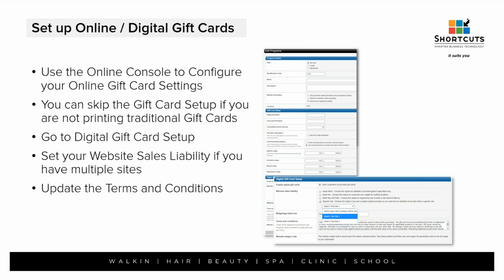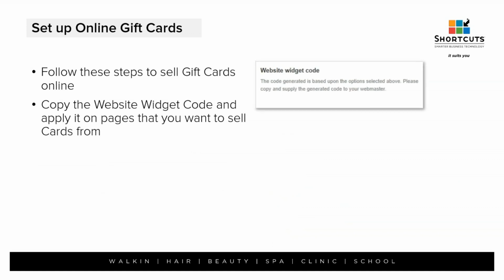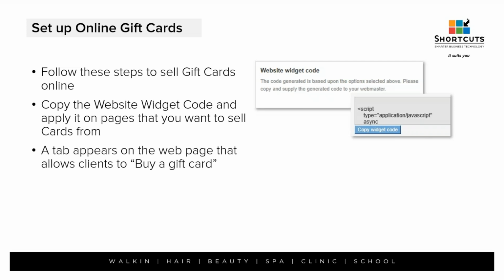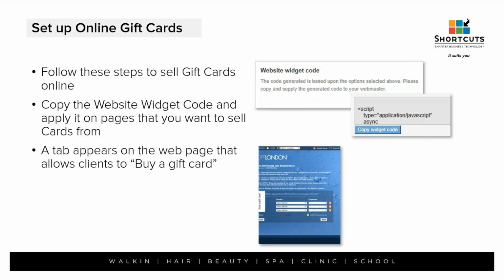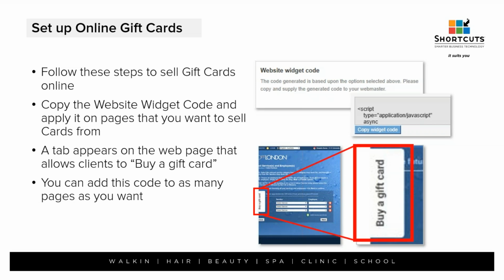Now that you've done that, Shortcuts will generate a website widget, a code that you can paste on your company webpage that will bring up a button. When the customer presses that button, it says buy a gift card, and the customer just fills in the blanks.